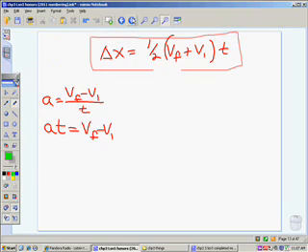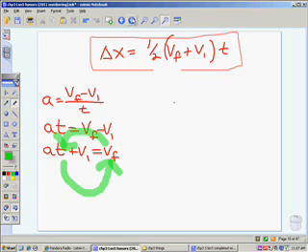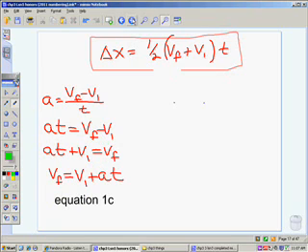And we get at equals vf minus vi. Then we're going to add vi to both sides to move it to the left. And we end up with at plus vi equals vf. And just to make things look kind of pretty, we're going to switch the sides around. And we get vf equals vi plus at. That, ladies and gentlemen, is equation 1c on your list.